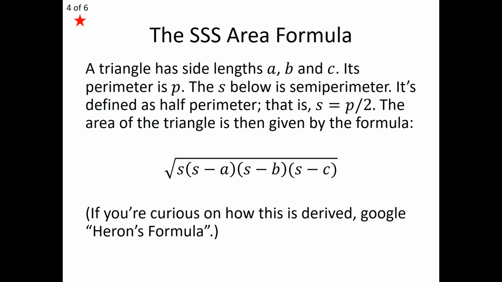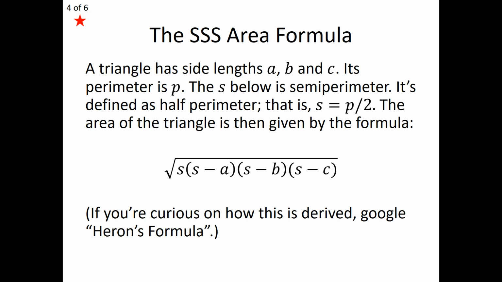This is the square root of the product of four factors: S times the difference of S and one of the sides A, times the difference of S and another side B, times the difference of S and our last side C. The product of these four factors, taking the square root of it, will deliver the area of our given triangle with a side side side pattern.